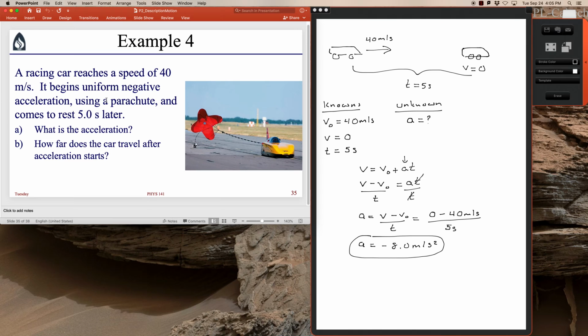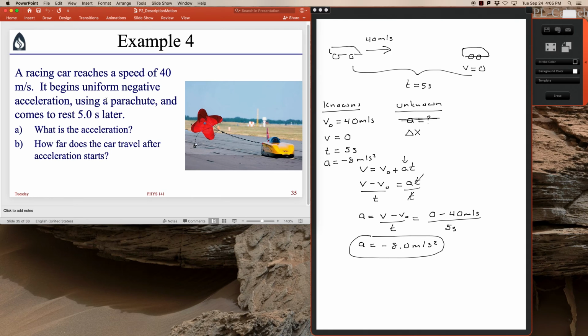All right, so then I need to start part of this process again and look at my knowns and my unknowns. Well, now A is no longer an unknown. I know what A is. A is minus 8 meters per second squared. And my new unknown is the displacement. How far does the car travel?